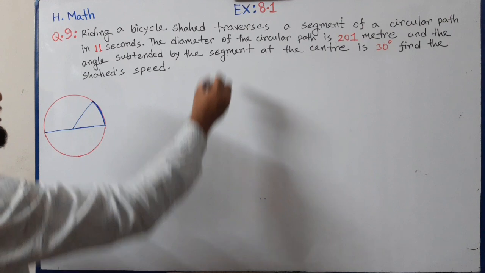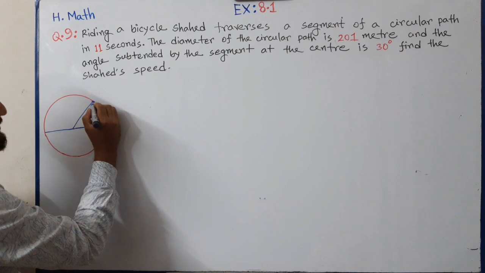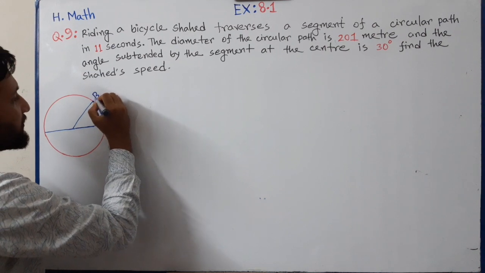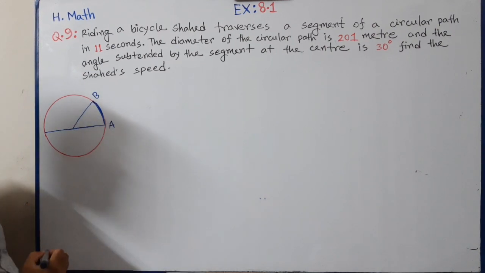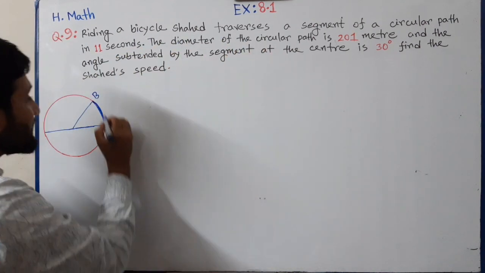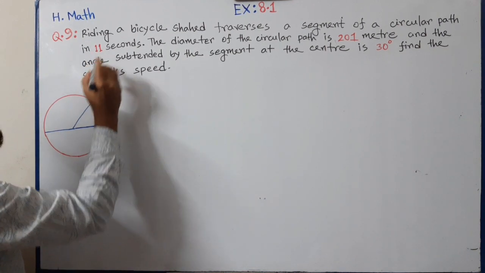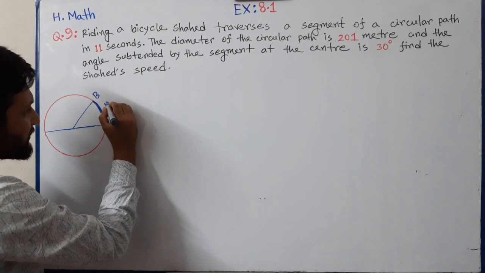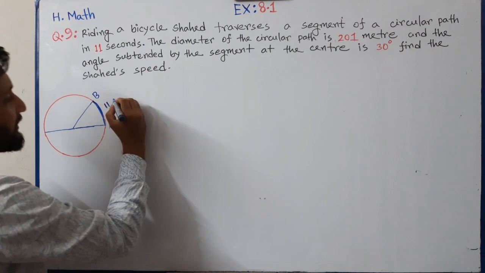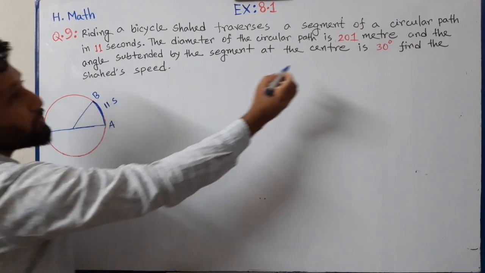According to the question, imagine this is a circle and this is a circular segment, with this point A and this point B. This is a circular path where Shahed, riding a bicycle, traverses this segment in 11 seconds, where the diameter of this circle is 201 meters.